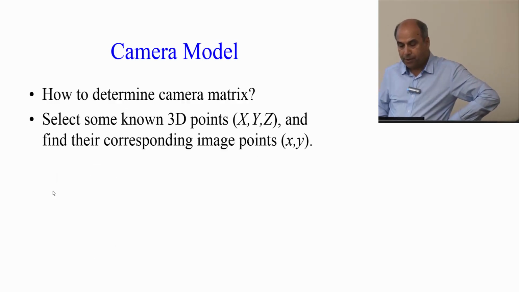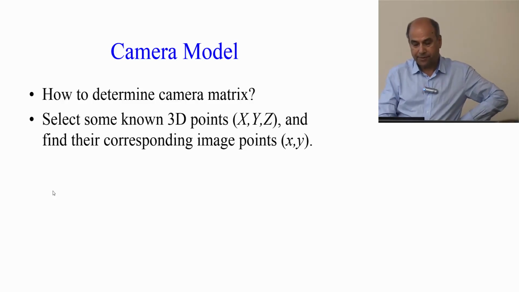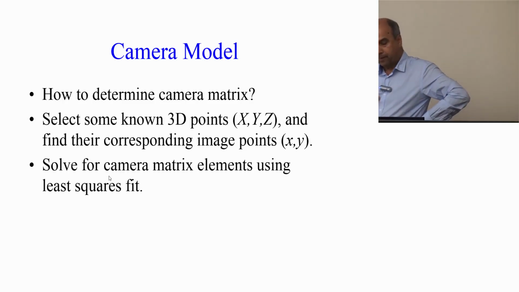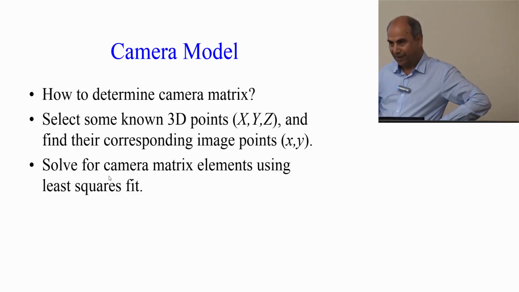So how do we determine the camera matrix? What we are going to do is select some known 3D points, x, y, z, and their corresponding points in the image, which will be small x, small y, and we will solve for the camera matrix elements using a least squares fit.